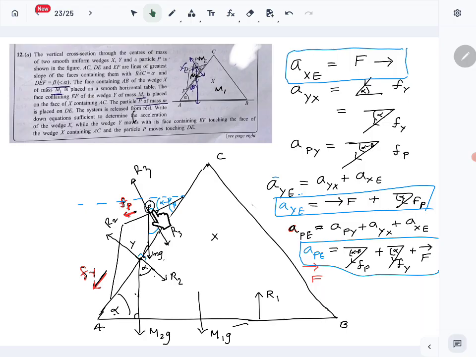Yeah, R3 will cancel out. So that is why I'm taking wedge and p together, and I'm going to apply F equals ma in the direction where wedge y is traveling.